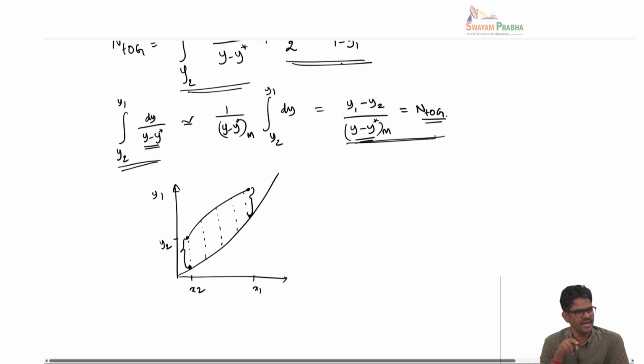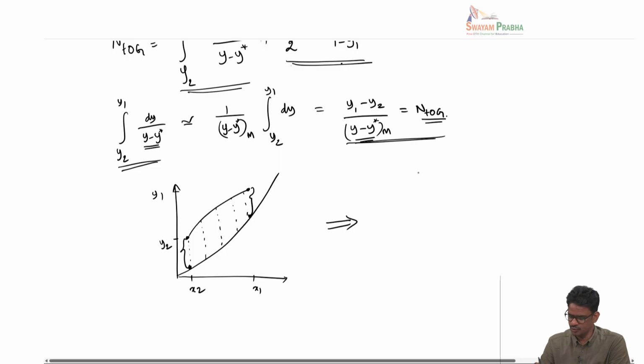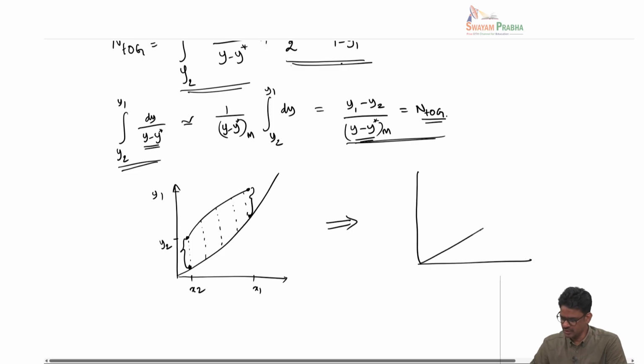So when I make this kind of approximation that the driving force across a column is an average value, what I'm basically saying is I'm mapping this problem into another problem where the two lines are actually parallel. So the equilibrium line and the operating line, I'm assuming are parallel. If I assume they are parallel, I know that the driving force is constant, and this driving force is what I'm actually assuming to be constant here.